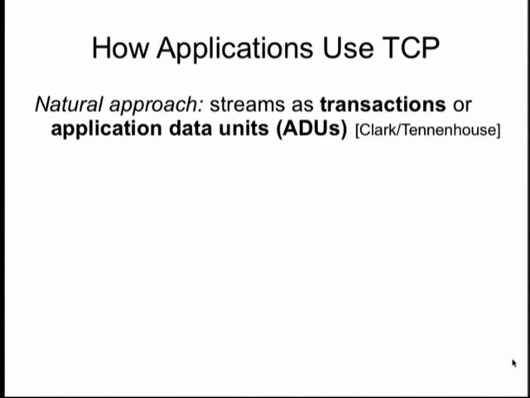I want to suggest that this approach corresponds to something that Clark and Tennenhouse proposed quite a number of years ago in their well-known paper on application-level framing, where they introduced this concept of application data units.